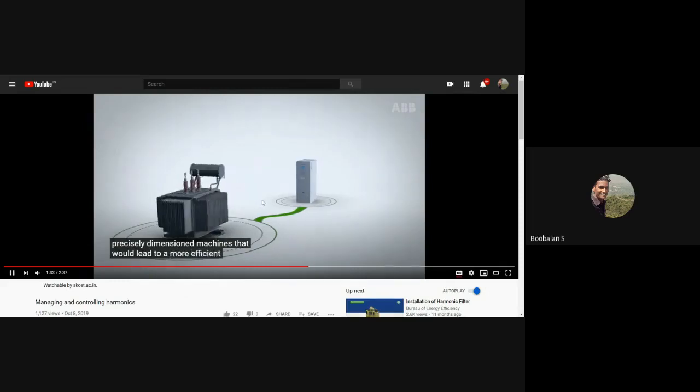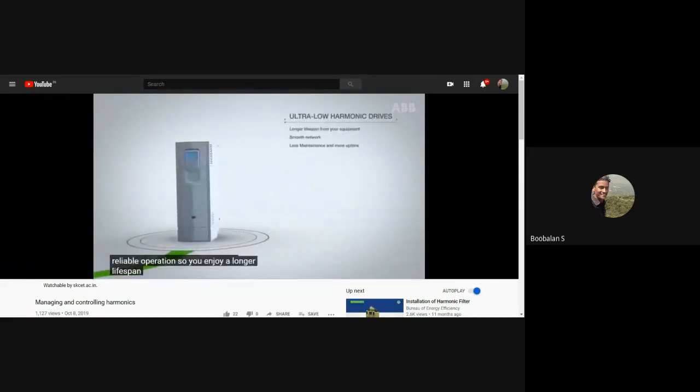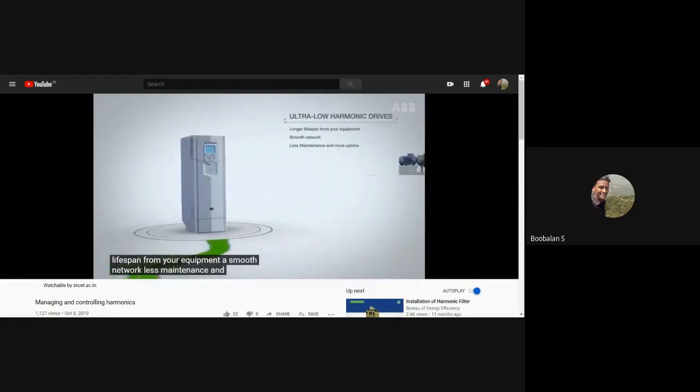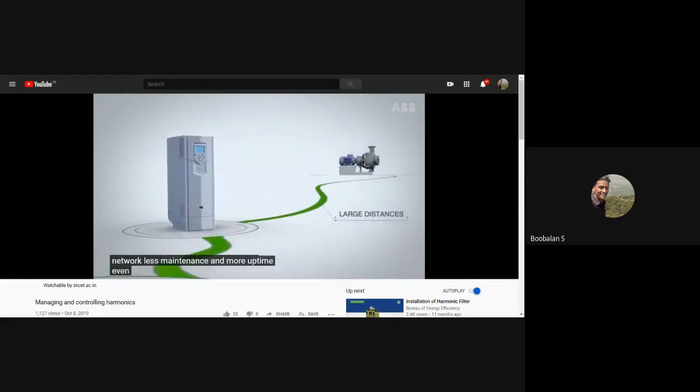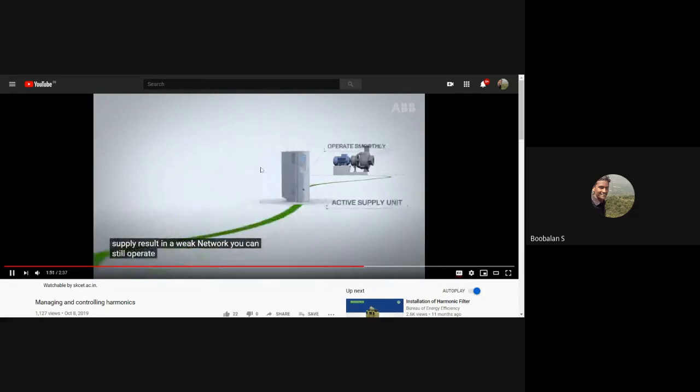To a more efficient and reliable operation, so you enjoy a longer lifespan from your equipment, a smooth network, less maintenance, and more uptime. Even when large distances from the power supply result in a weak network, you can still operate smoothly.